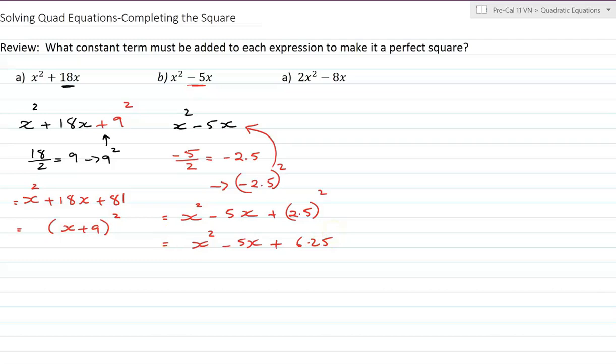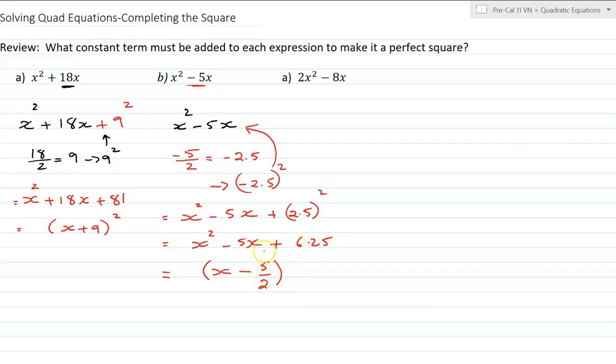and then you write it in terms of the perfect square trinomial or the binomial squared. So in this case it would be x minus, now here's the piece. The piece is that this 5/2, which is right here, becomes basically the square root of 6.25.